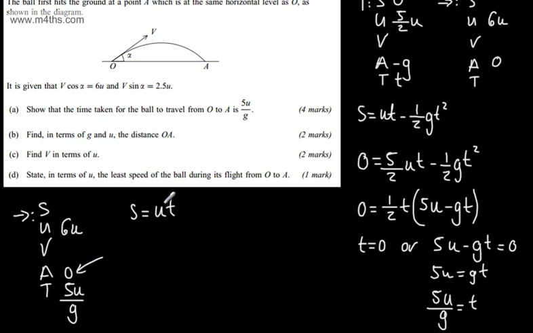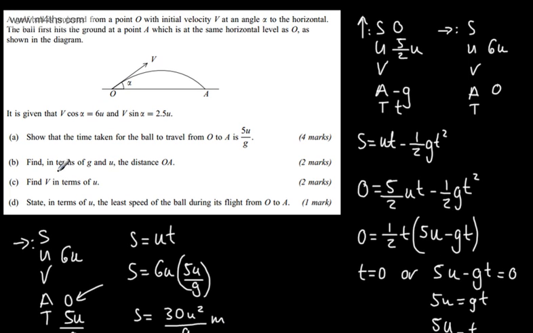We know for the horizontal motion we can simply write s for displacement, or the x value, is u multiplied by t. So we've got 6u multiplied by 5u over g, and that's going to give me now 30u squared over g meters.